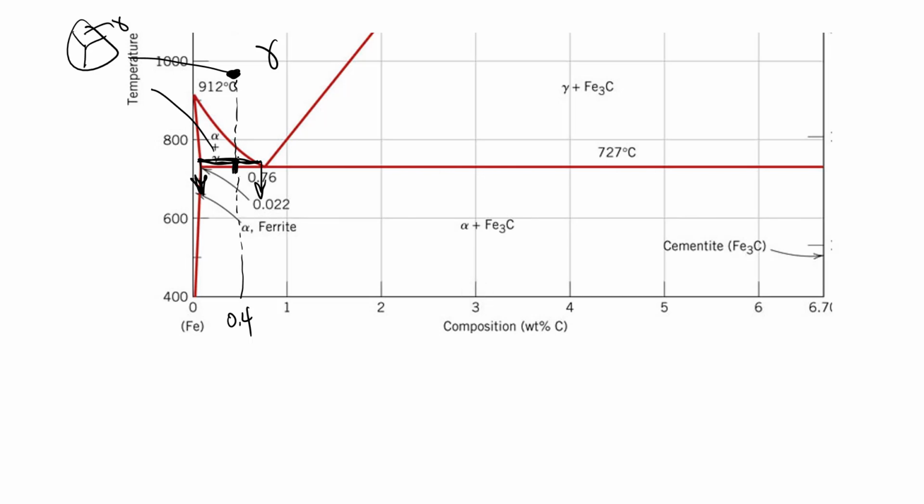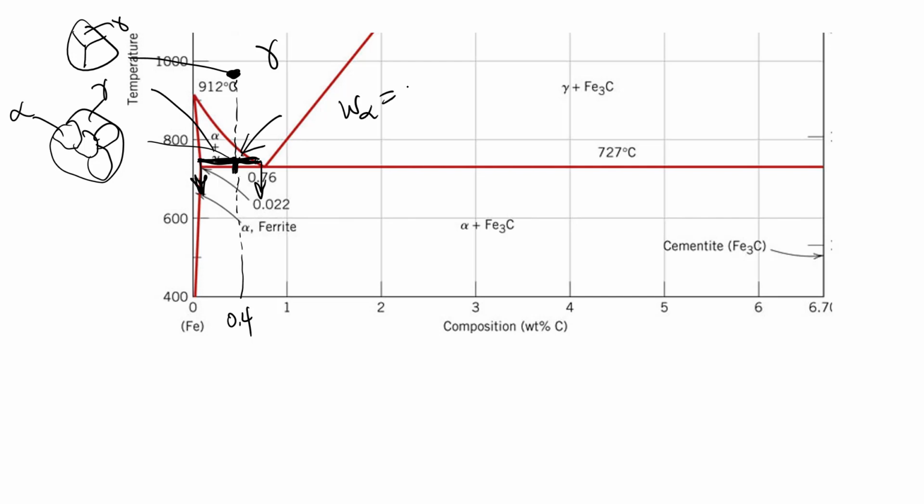When I get down to right above this 727, this line that I just drew across here, it's about half and half, but we're going to calculate. So it's alpha and gamma. Now how much of each? Well, let's do the calculation above the line.